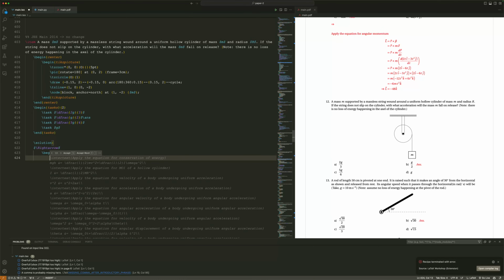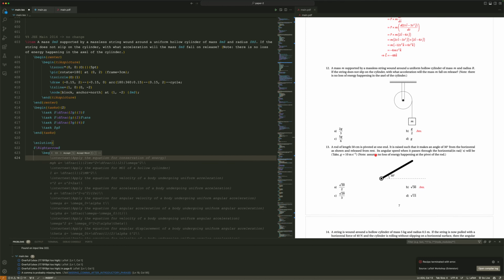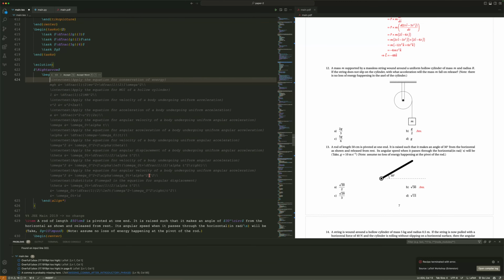I don't know, should I draw a diagram or not, but I think without a diagram it will work. Why is it suggesting like that? Should I conserve the energy?